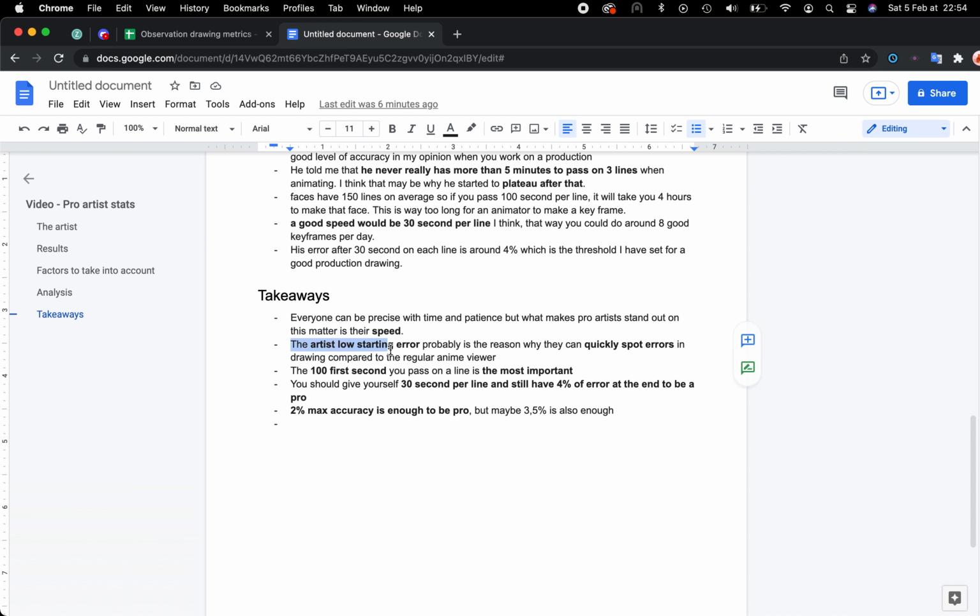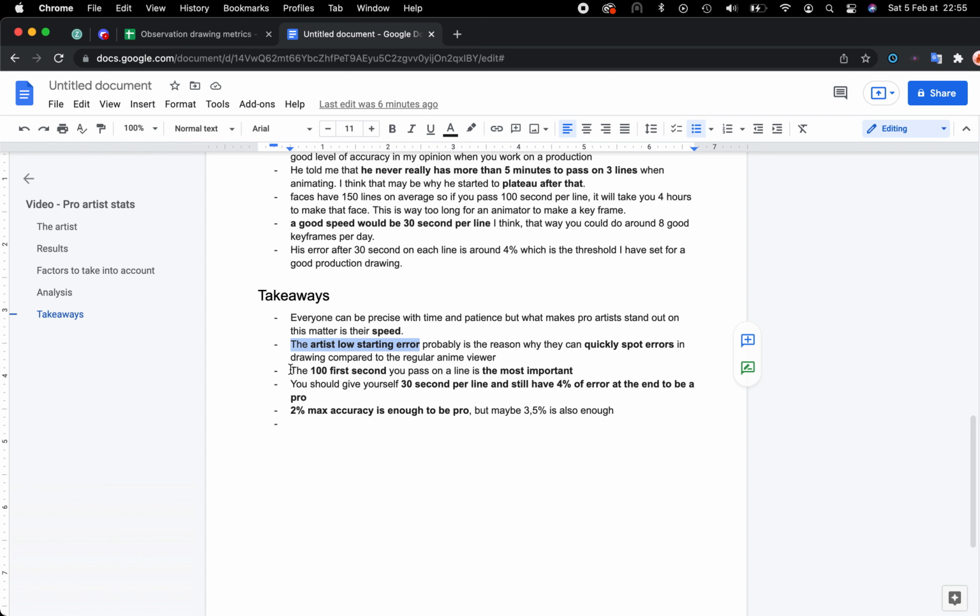Something else, the artist's low starting error is probably the reason why they can quickly spot errors in drawings compared to regular anime viewers. Someone that draws well, when they see an anime, usually sees many errors, and sees what they could correct or modify really quickly.